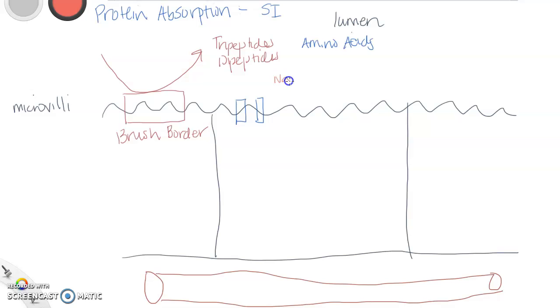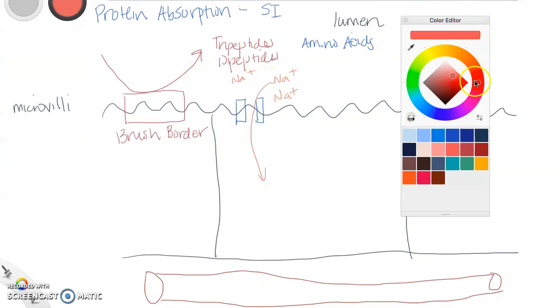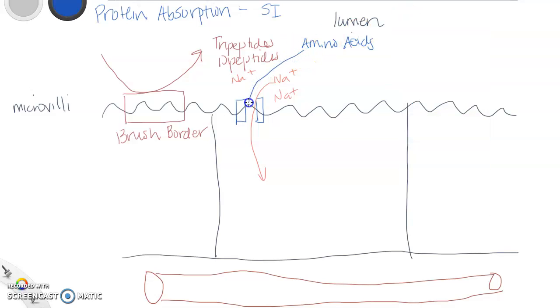So sodium is out here in the lumen. It's outside of the cell. And as sodium goes in, that allows for the amino acids to go in. So very similar to the way the glucose and the galactose got into the cell.